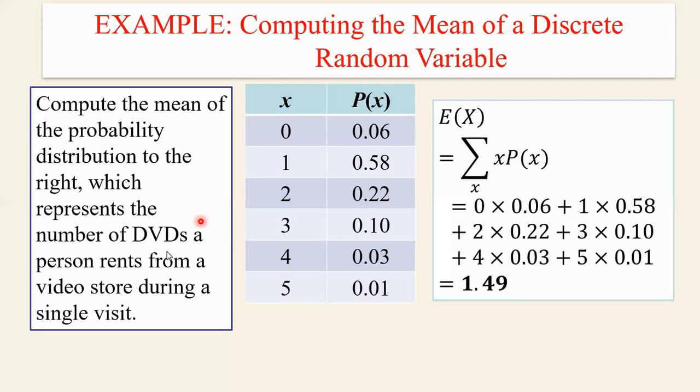Now you read this example and from this example, find out what is the random variable. Put it in the chat box. Read the problem carefully and find out what is the random variable.